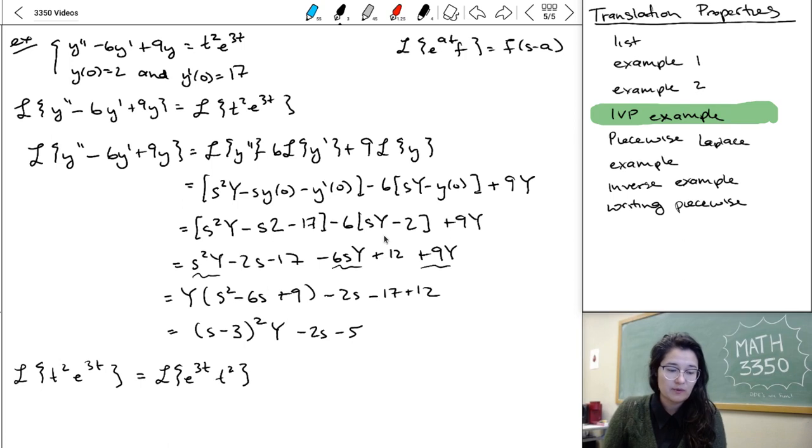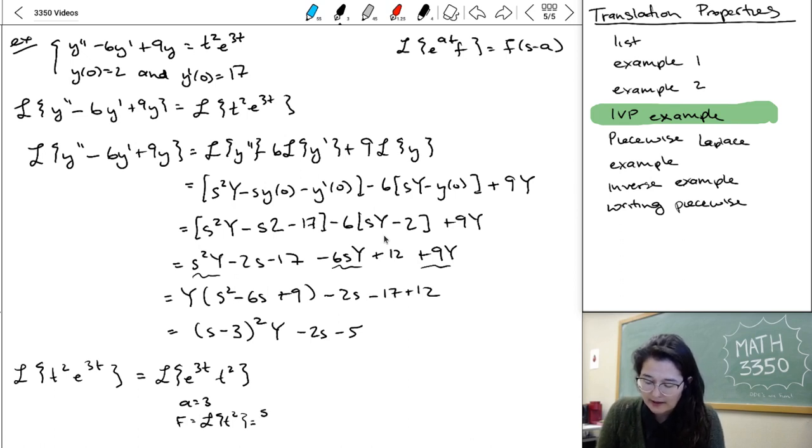And in this case, we are thinking about a being 3, and that big F being L of t squared, which is going to be s to the power 2 plus 1 with 2 factorial on top. So that's just 2 over s cubed.